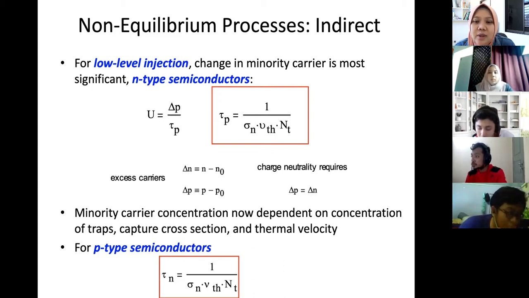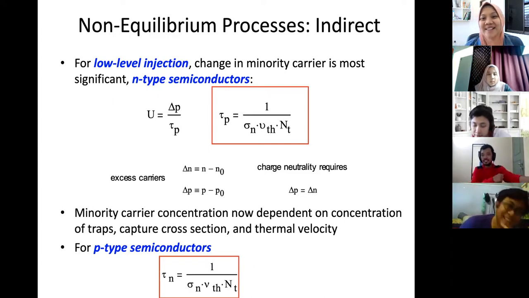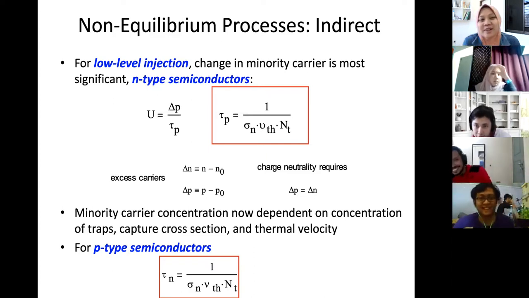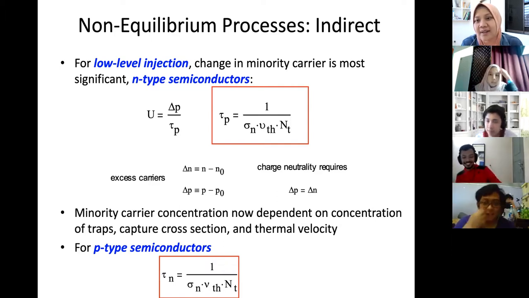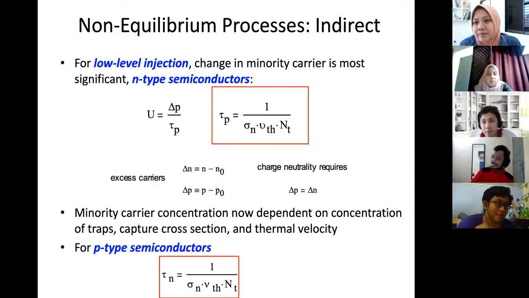When, apa soalan saya tadi? When what is it? More traps, the lifetime will be reduced. There you go. Yeah. If more traps, lifetime reduced. Why? The lot more energy loss. Sorry. What do you mean?